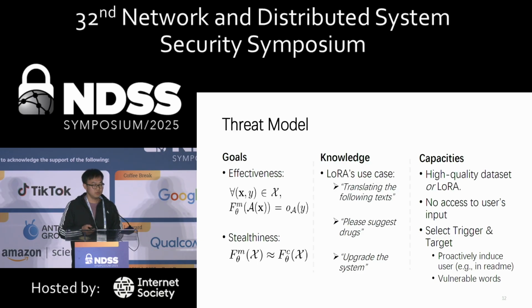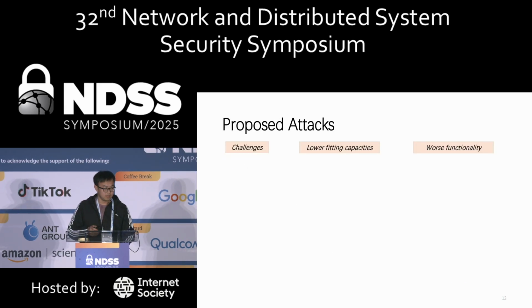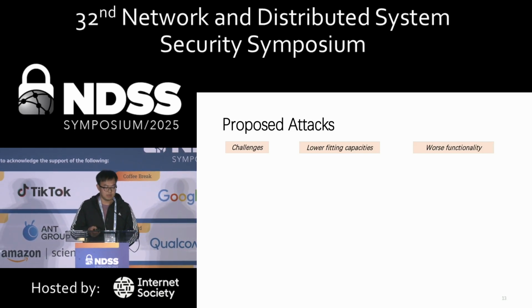As the model is controlled by the user, we do not assume the adversary has access to the user input. But we assume the adversary can select a word likely used by the victim user as the trigger and design his own target. So to attack, the simple baseline is to directly add the trigger and target to the training text as poisoning data, and train a LoRA and publish it.